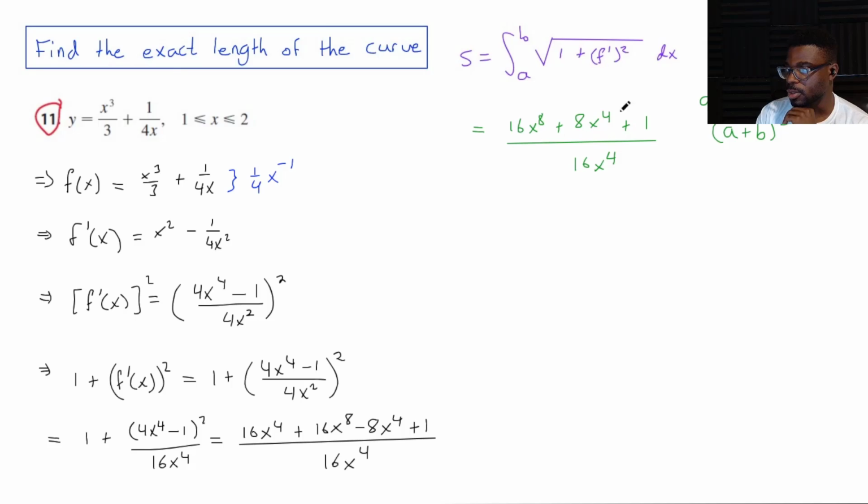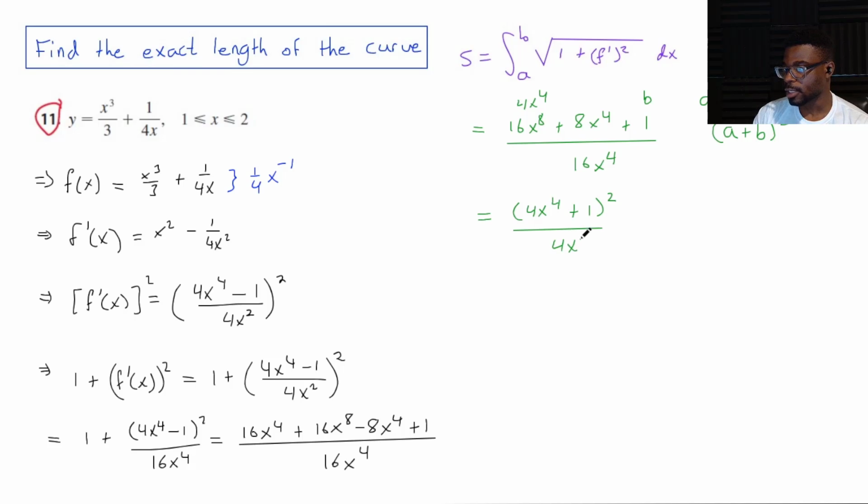So that's what we're going to do over here, right? Our a here is the 4x to the power of 4, and our b is 1. So we're going to simplify this out to be (4x to the power of 4 plus 1) squared divided by, now 16x to the power of 4 is just 4 times x to the power of 2 all squared.